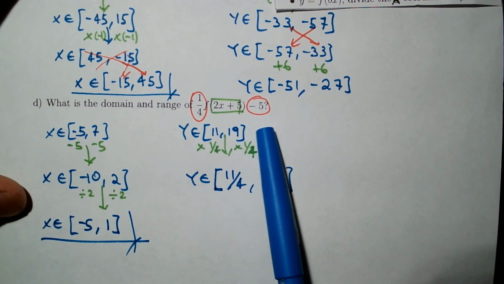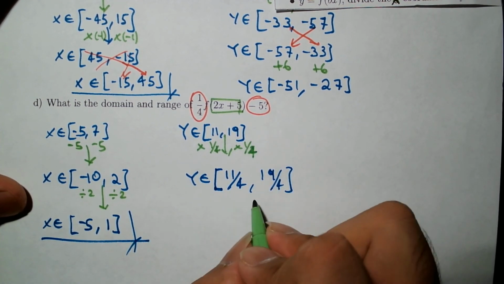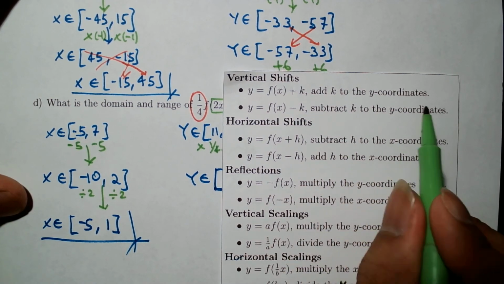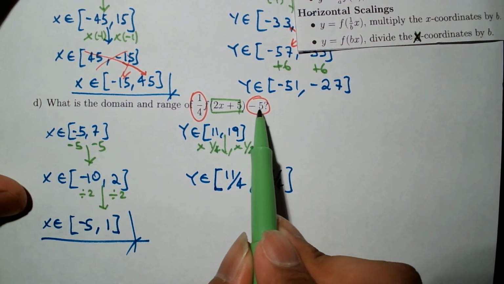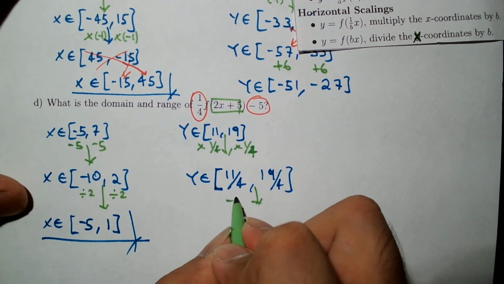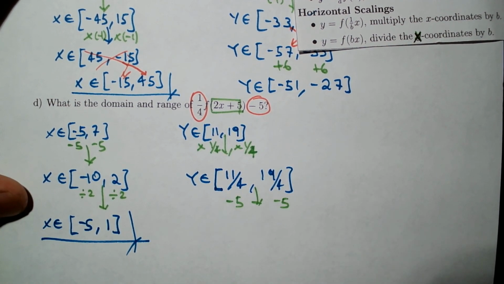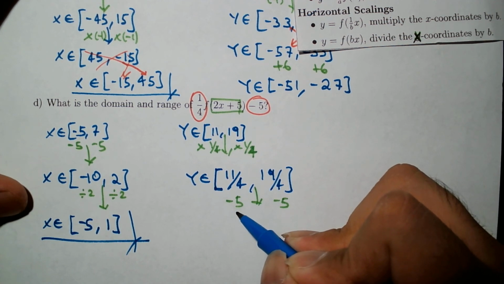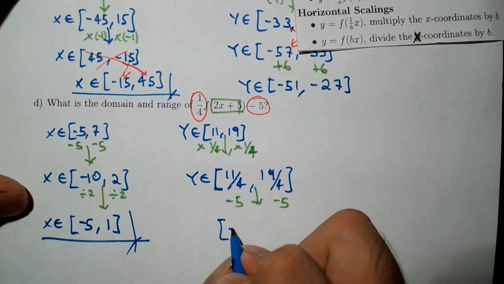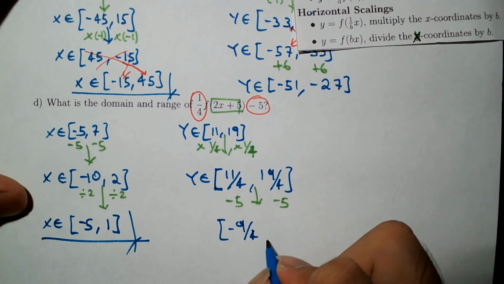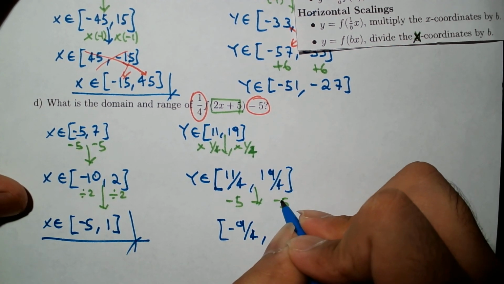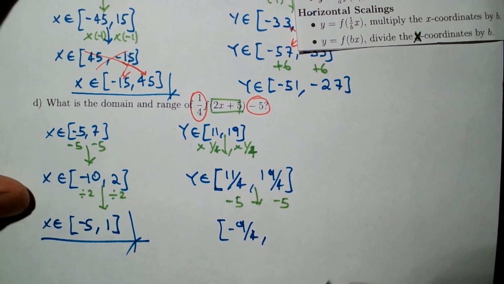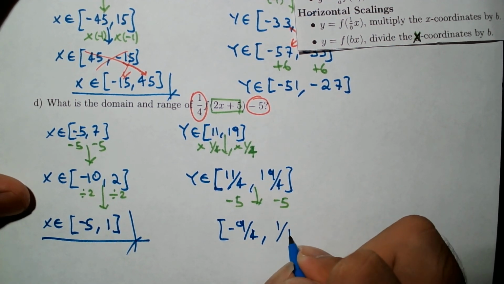And finally, this -5 is telling us to subtract k because it's minus k, subtract 5 because it's -5. So in this case, 11/4 - 5, if you use a graphing calculator, you should get -9/4. And 19/4 - 5, you should get -1/4.